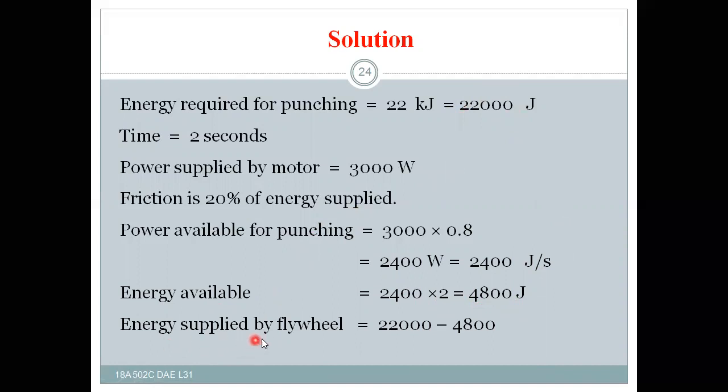The energy required for punching is this much for 2 seconds, but the energy available is only 4800. That's why the remaining 17,200 joules of energy is supplied by only the flywheel. That is already stored energy.